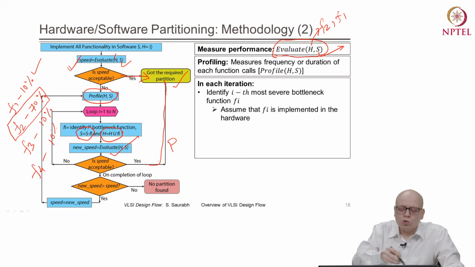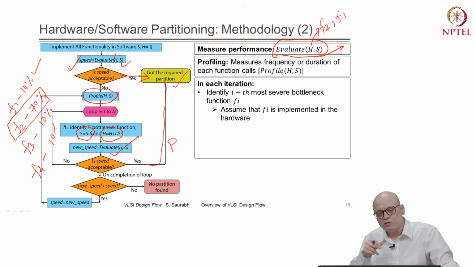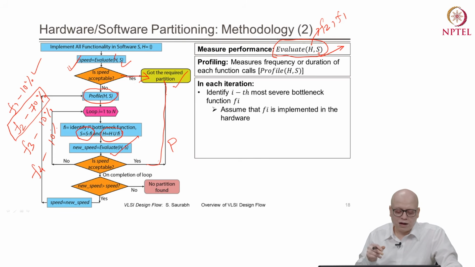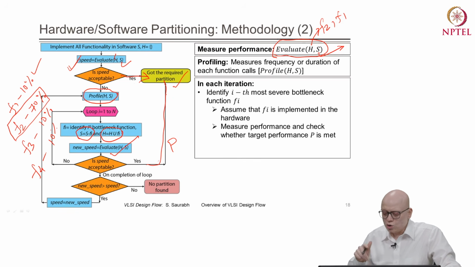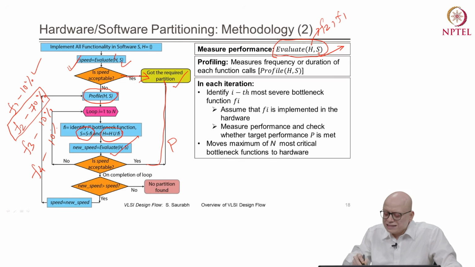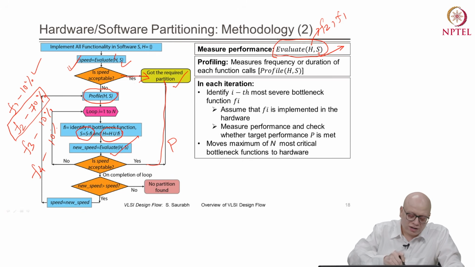If not, we continue moving a function from the software side to the hardware side. We measure the performance and check whether the target performance P is met. So it moves a maximum of n most critical bottleneck functions to the hardware, and it goes on doing this n times.